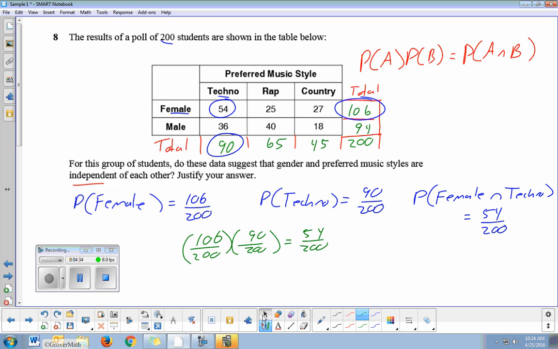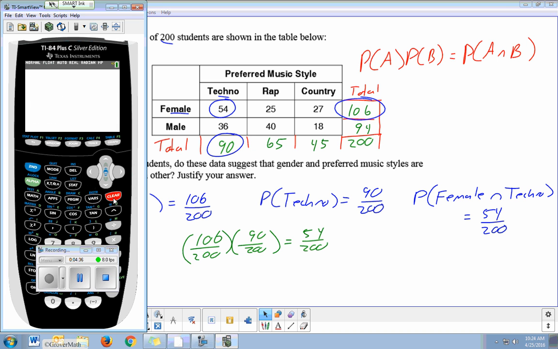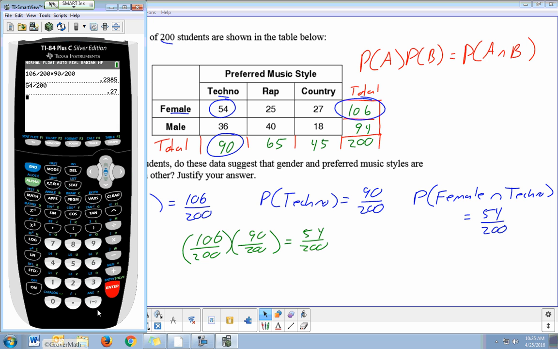I think my calculator's ready, so we can use it here. 106 divided by 200 times 90 divided by 200. You could use parentheses, but because it's all multiplication and division, it's okay not to. We have 0.2385. Is that the same thing as 54 divided by 200? The answer is no.